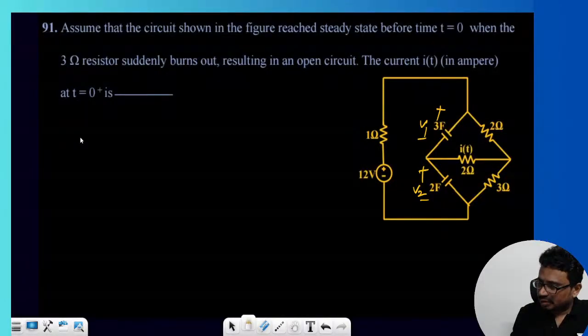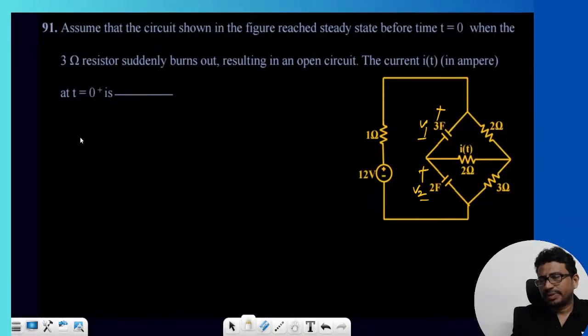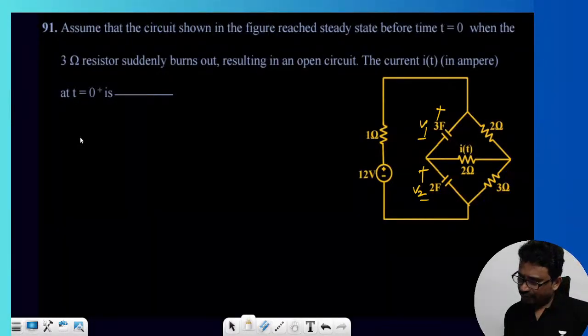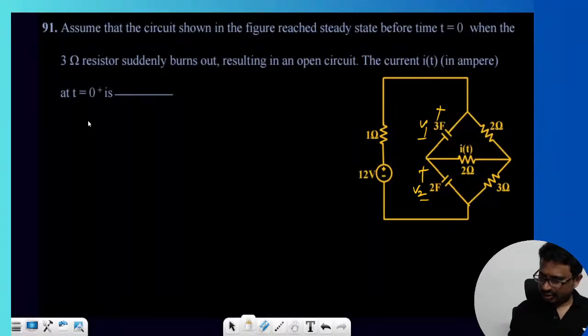These two capacitors are in steady state, so they behave like open circuits. There is no use of the bridge concept here.